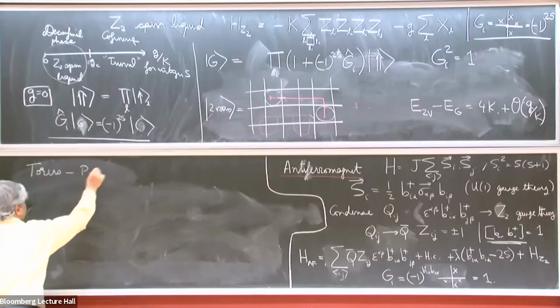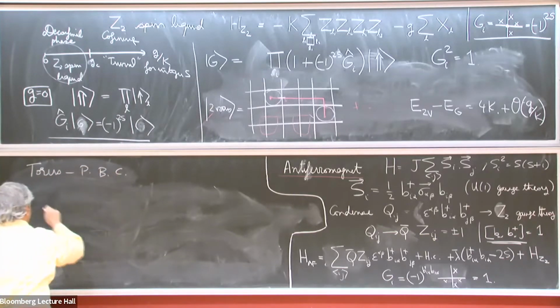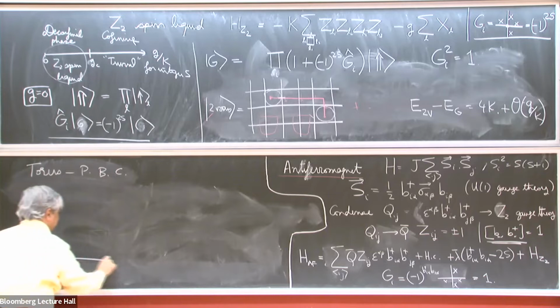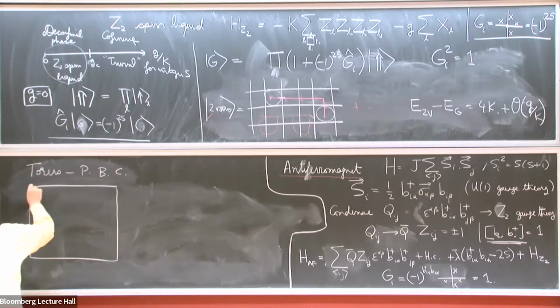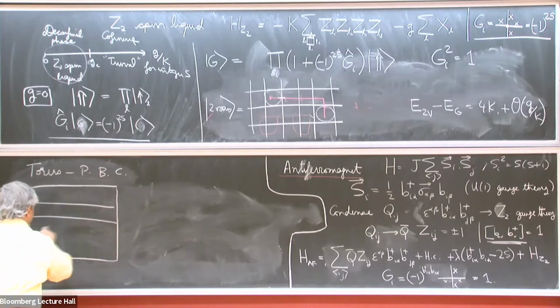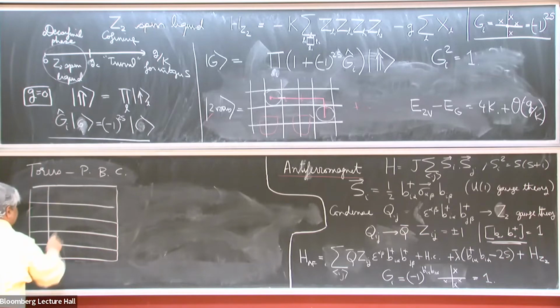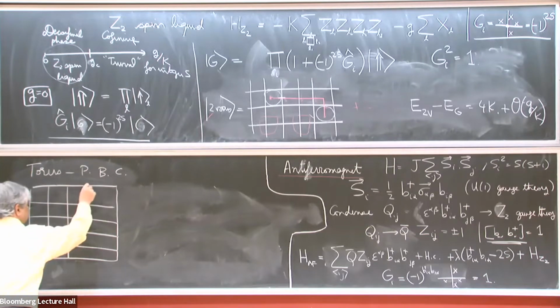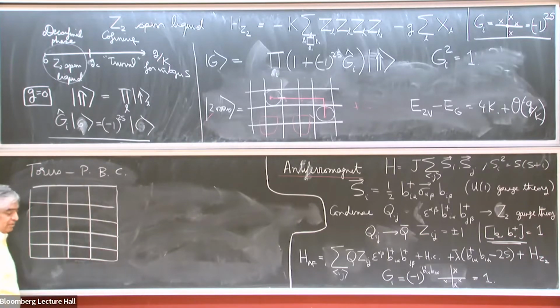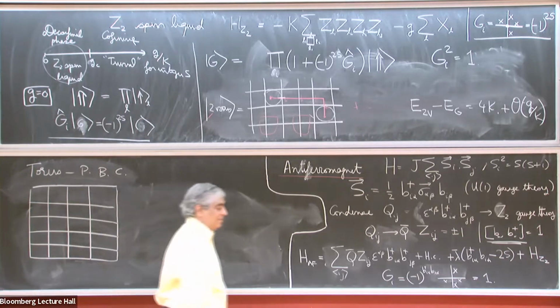with periodic boundary conditions. So here I imagine I have a torus where this end is the same as this end, and I have my square lattice. And then I ask about the ground state on a torus.